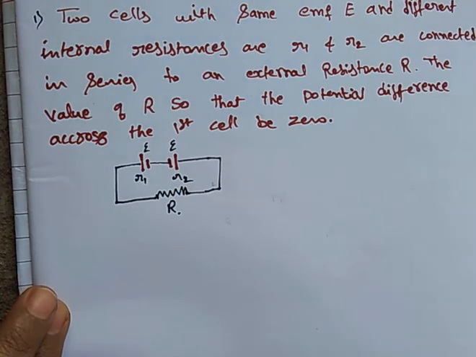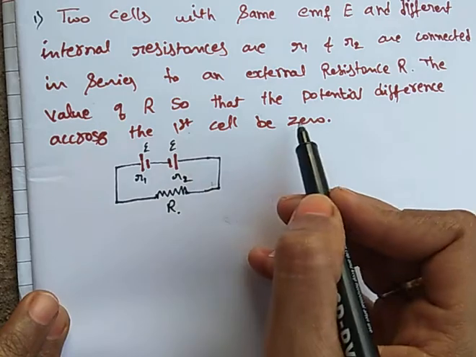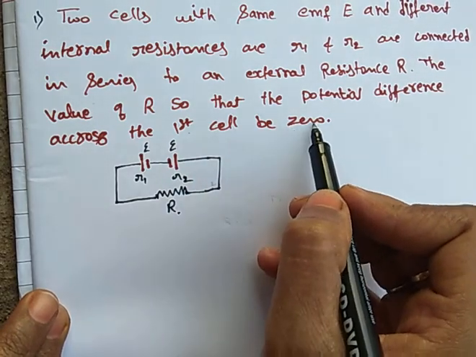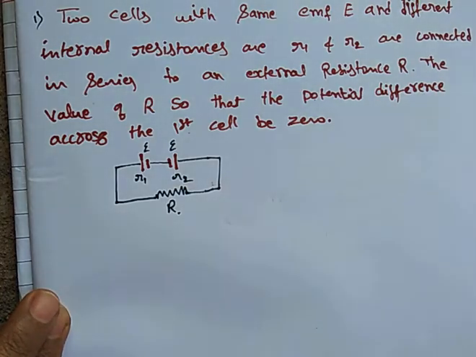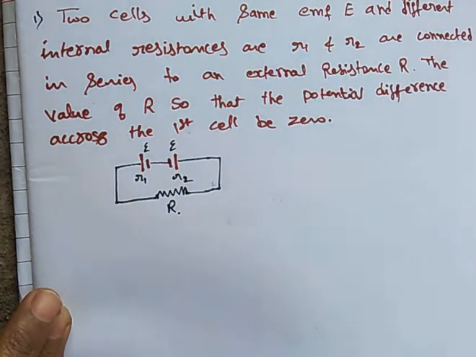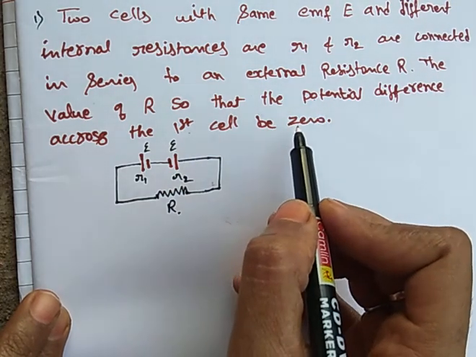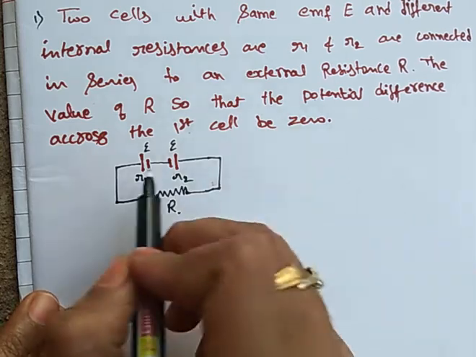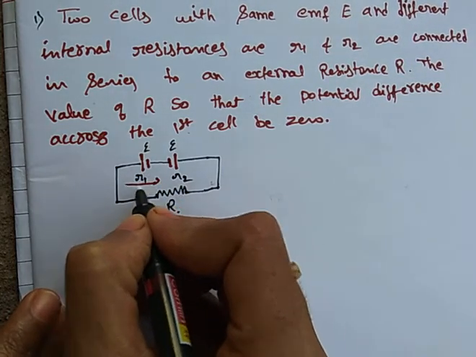We have to find the value of capital R that makes the potential difference across the first cell 0.